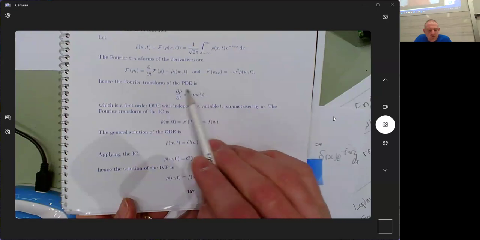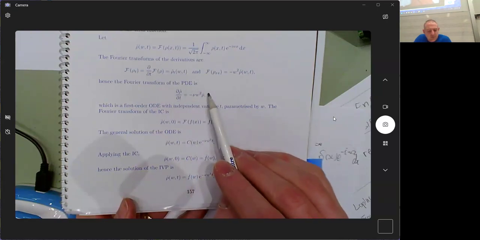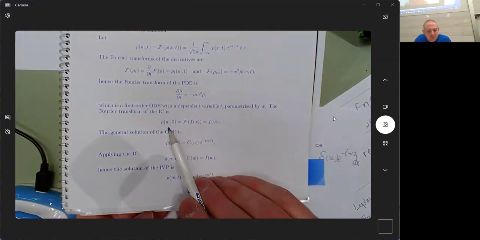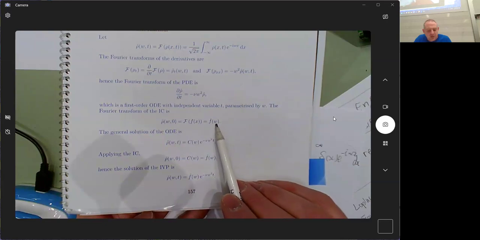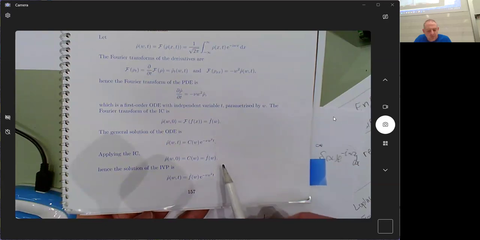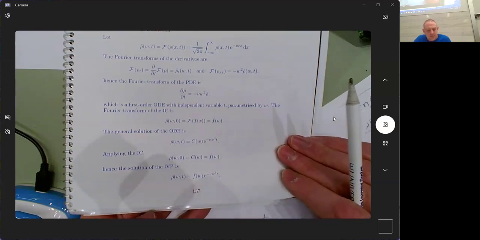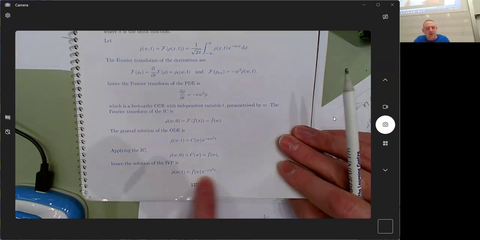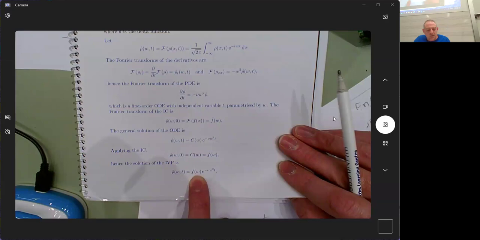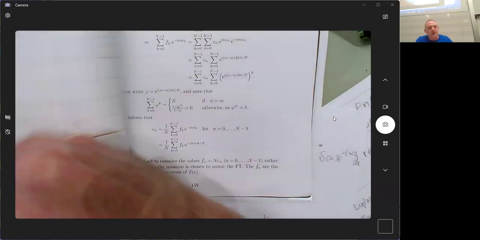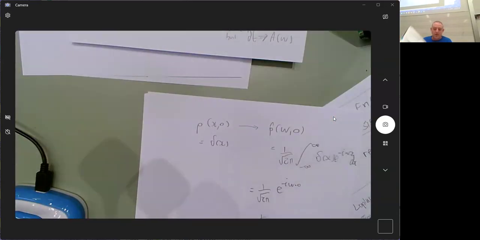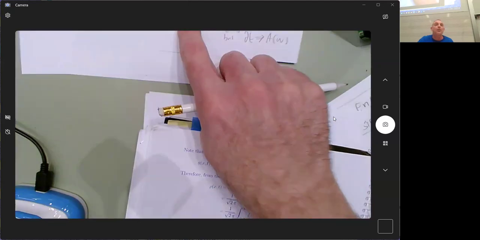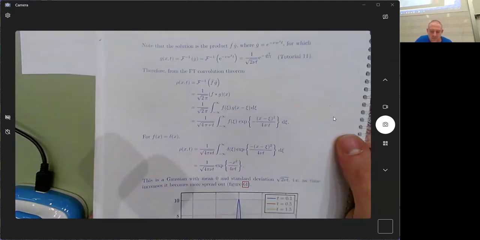So this is the point where I was. That's the Fourier transform of the initial condition. That's where I am here. And that's the Fourier transform of the original function, which was delta. So I am at the same place here that they were on the previous page.